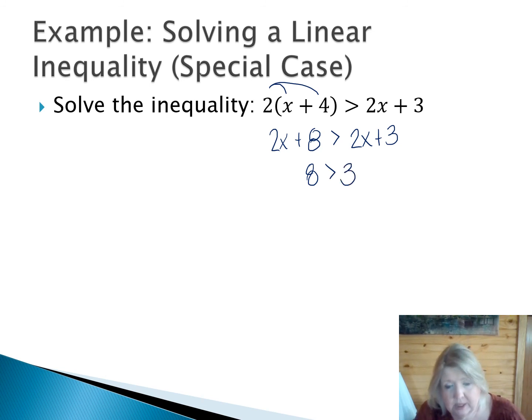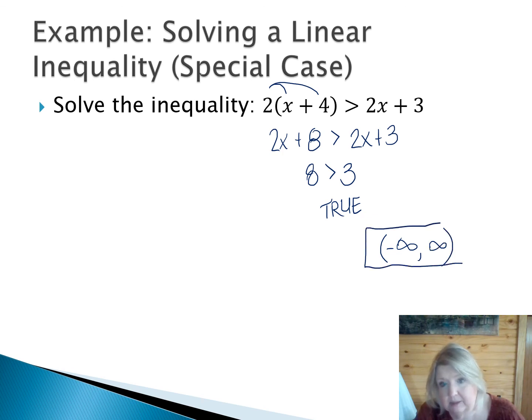Well, this is a numerical statement that happens to be true. This falls along the lines of the equations we looked at and said that there was such a thing as an identity. And when it comes down like this, it's true for all real numbers. Well, we don't write out words for all real numbers anymore. We just say include everybody on the number line. And this is how we say it.